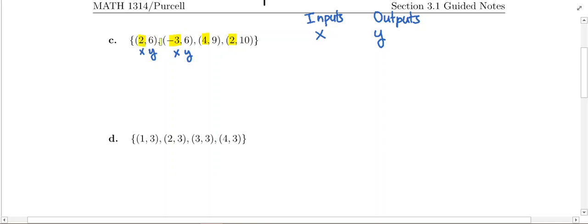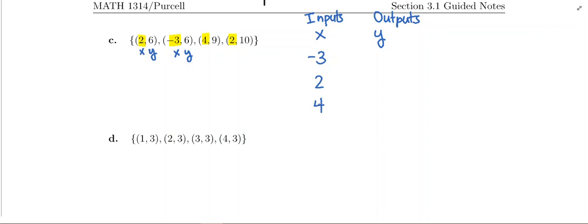We only need to write 2 one time. It makes it harder to interpret if you write it more than once. So for our inputs, I have -3, 2, and 4. That's what I want to write down. Again, we need them in ascending order, and we don't write anything more than once.